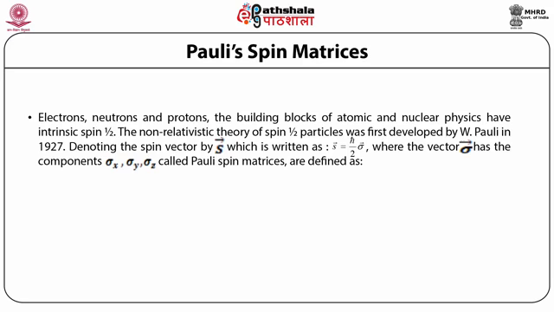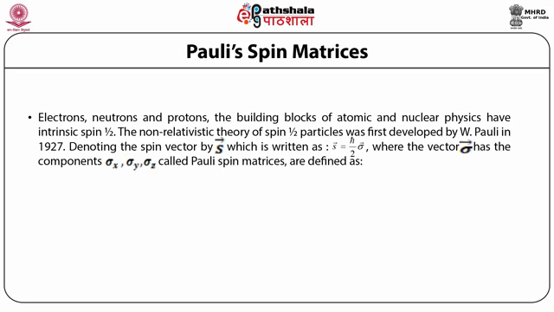So if we denote the spin vector by vector S, and if we write it as spin vector S equal to h cross by 2 times vector sigma, then we see that the vector sigma has the components sigma x, sigma y, and sigma z, and these are called Pauli's spin matrices.